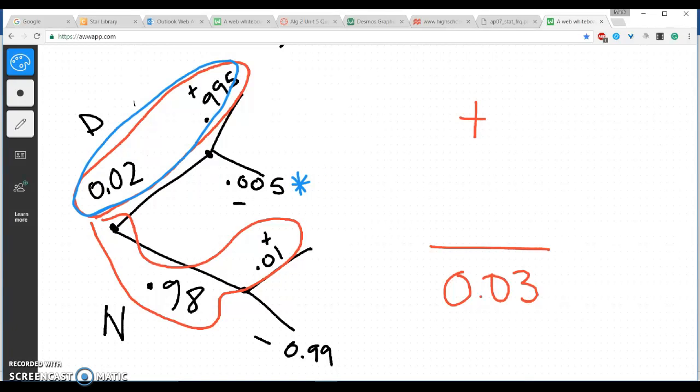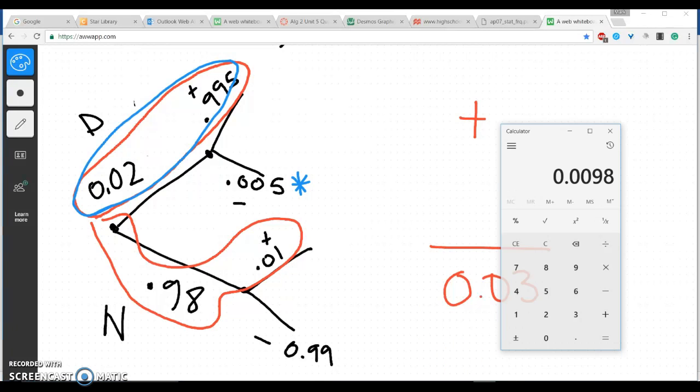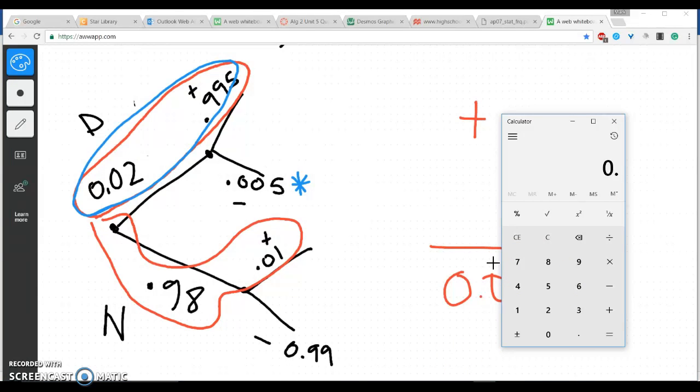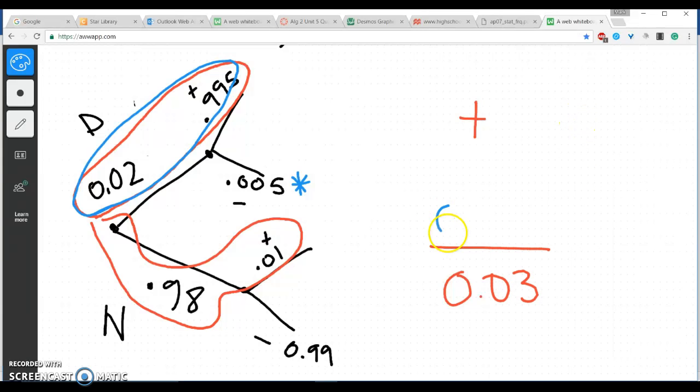So we would have to do 0.02 times 0.995, and that again is about 0.02. So then when we do this, it's about 66%, or 67 if you want to round up, because that's 6 repeating. So 67%.